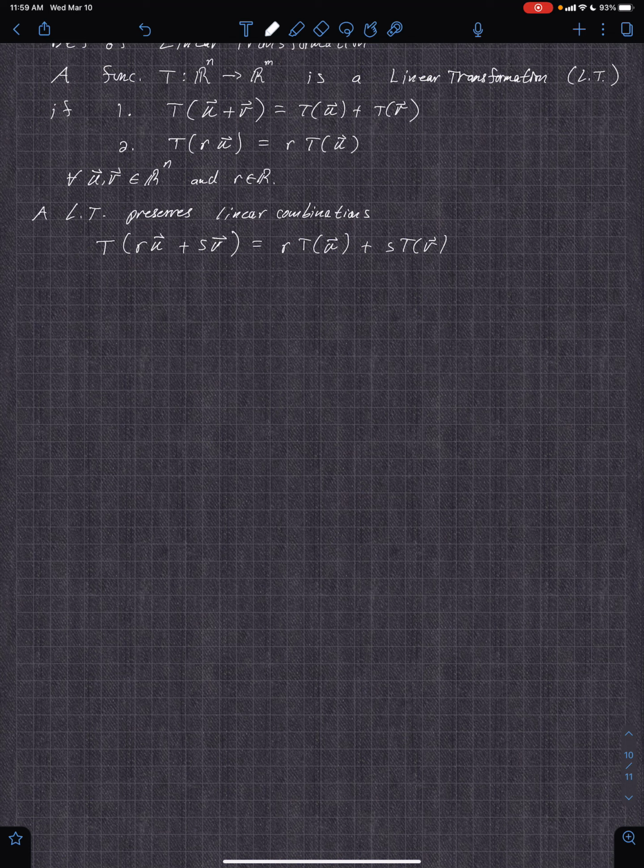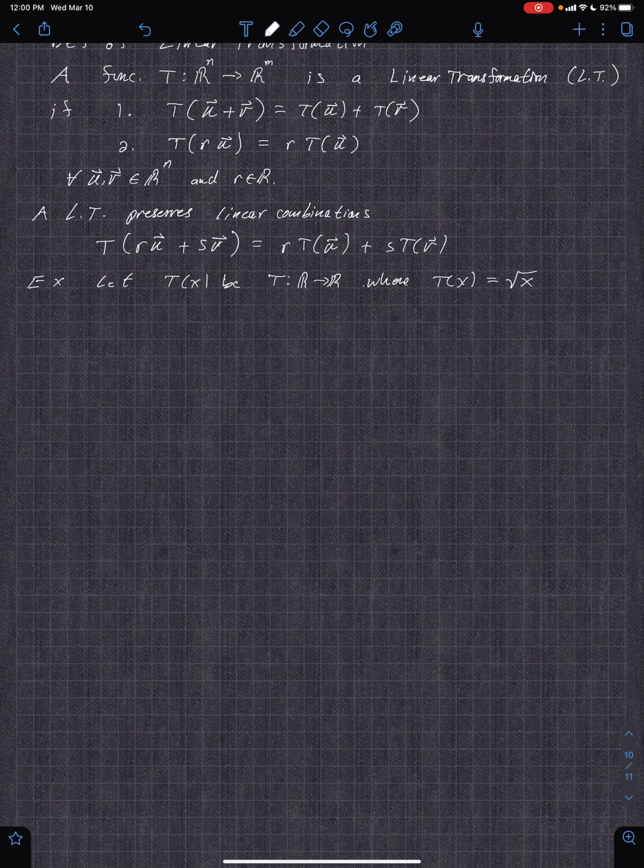So let's look at just a couple simple examples, and then we'll move on to another video. Okay, so first example, let T of x be a transformation, and this will just be from R to R, where T of x is equal to the square root of x.